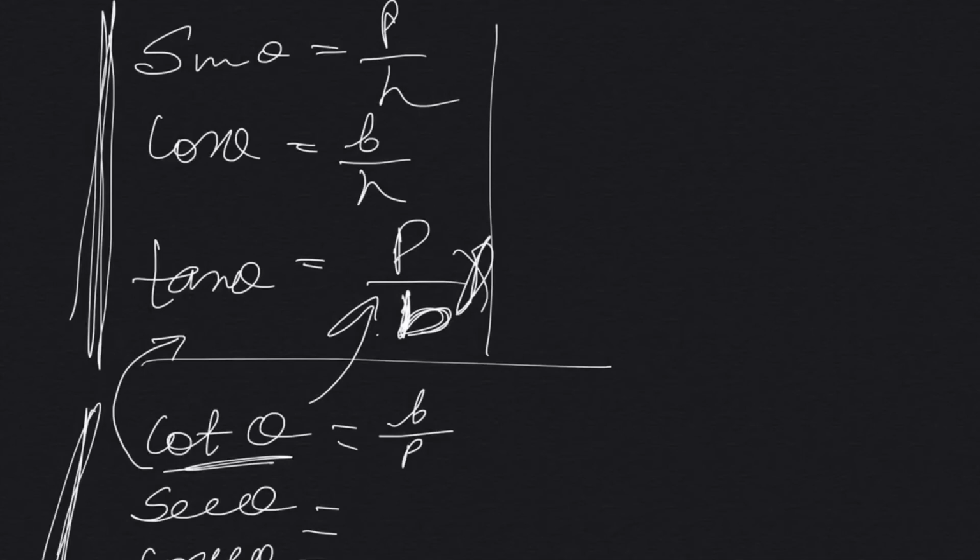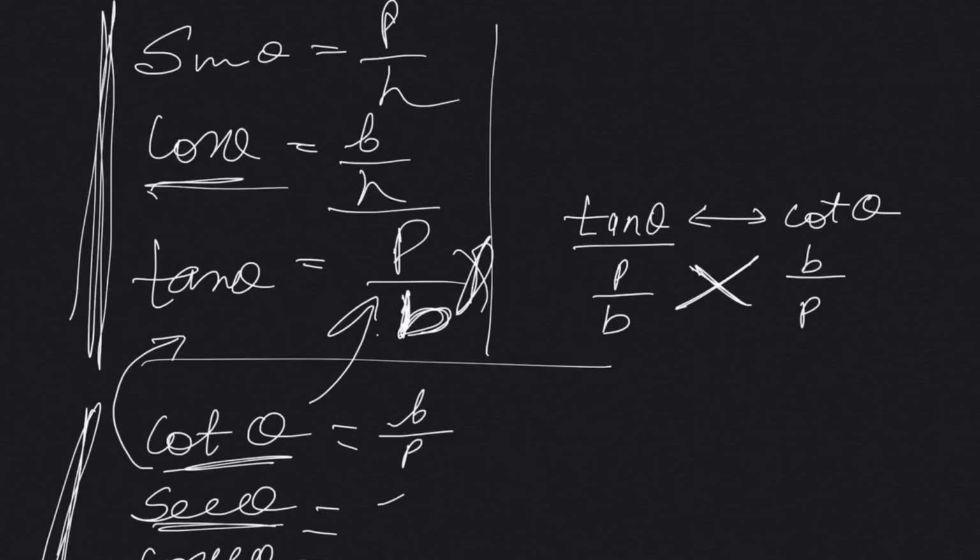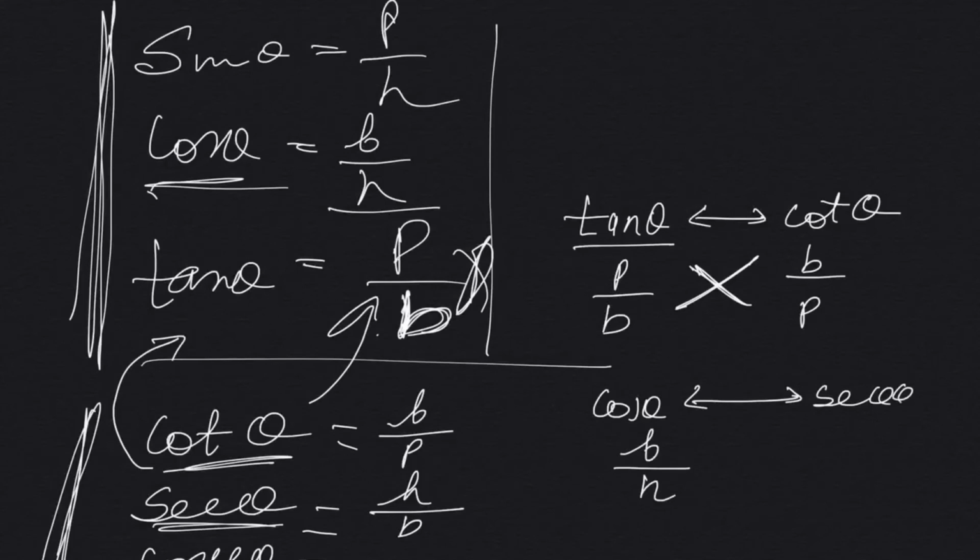There is a relation between tan theta and cot theta: tan theta value is perpendicular by base, cot theta value is base by perpendicular. So it's like reverse. Even for sec and cos, you just reverse it. Cos theta is base by hypotenuse and sec theta is hypotenuse by base.